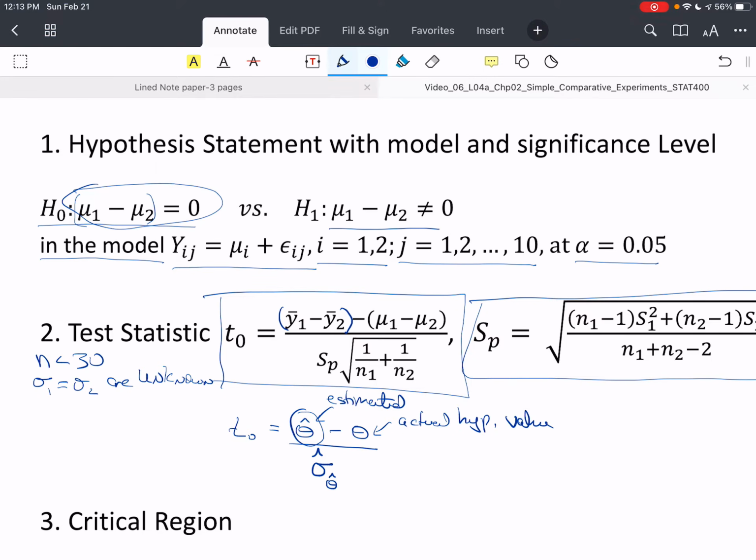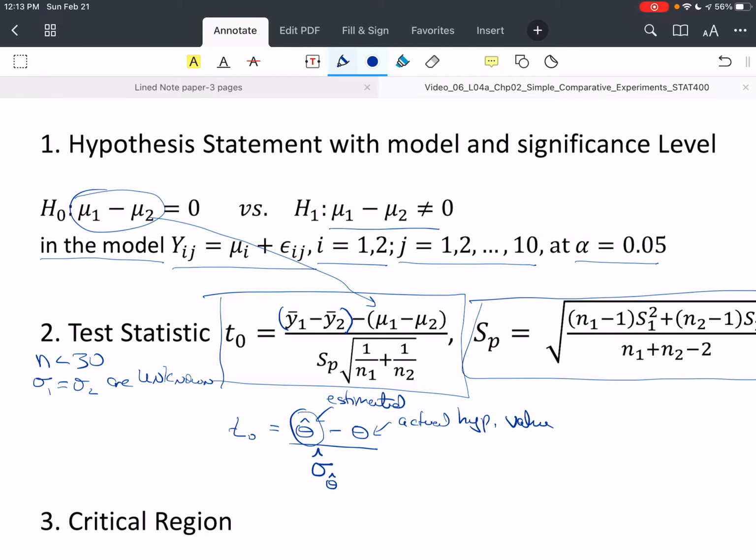If you remember, I wrote this in the general form as mu1 minus mu2 equals mu naught. Mu naught does not have to be 0, but that's the case we're interested in this problem. Okay, so that's the reason that I wrote the null hypothesis in this manner, so that I could plug in mu1 minus mu2 into the test statistic. And that value is 0.